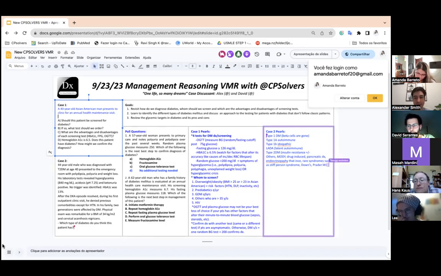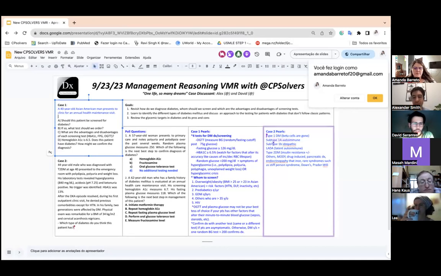There is someone saying type 1 because of the age and the family history. Any other suggestion for this case? Okay, so it seems Jasmine is saying that type 2 diabetes is more consistent with this profile.